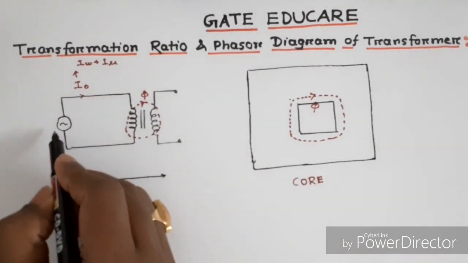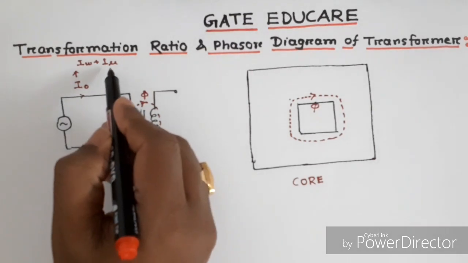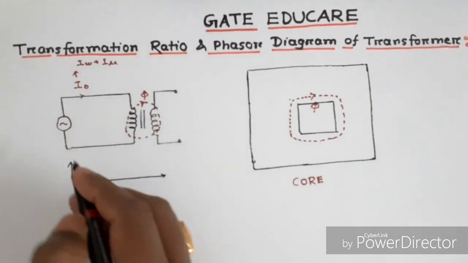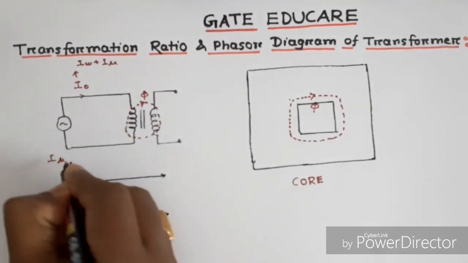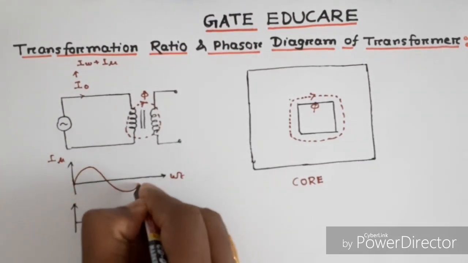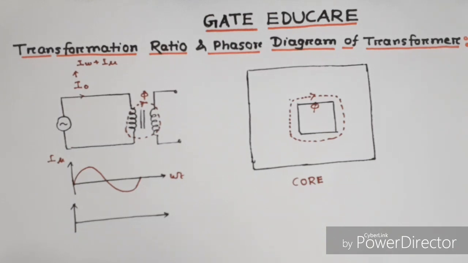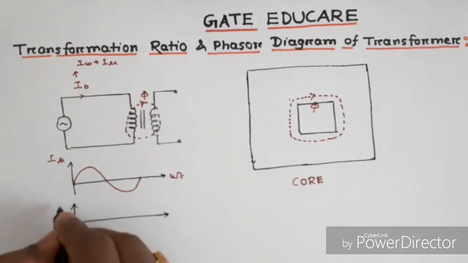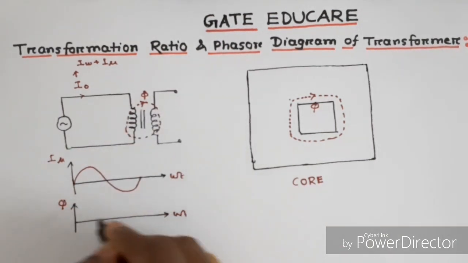Since the voltage is AC, the magnetizing current will also be AC. That means sinusoidal. This is the magnetizing current versus omega t. It will be a sinusoidal current. Again, the flux phi will also be AC, alternating.